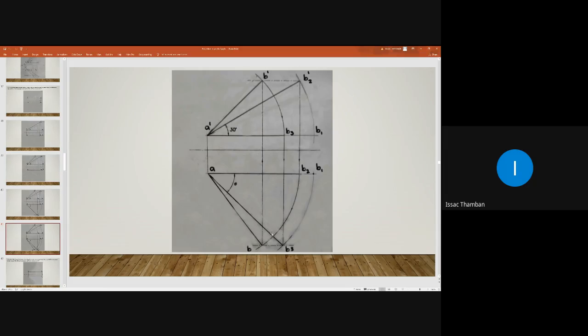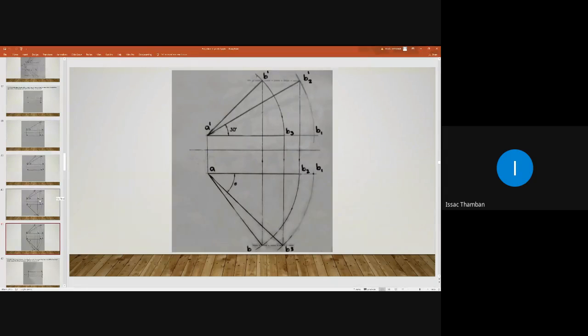Then you have to verify the answer. For that, we take this radius, that is AB. Take radius AB and draw an arc and intersect it here. If it is passing through point B2, then the answer is correct.